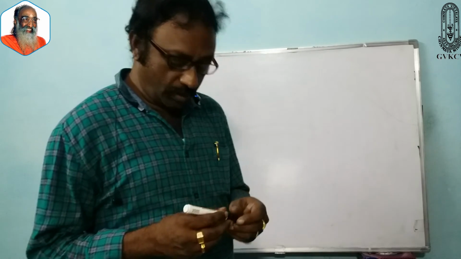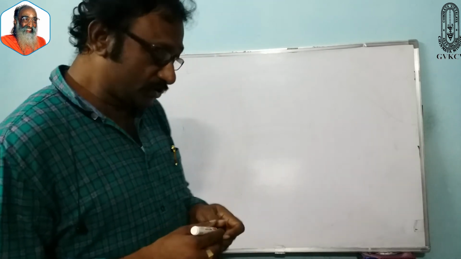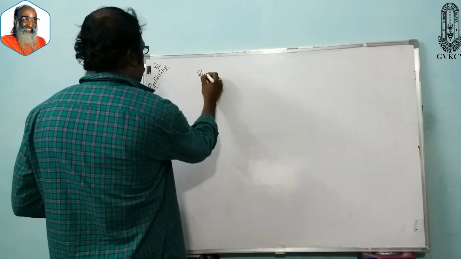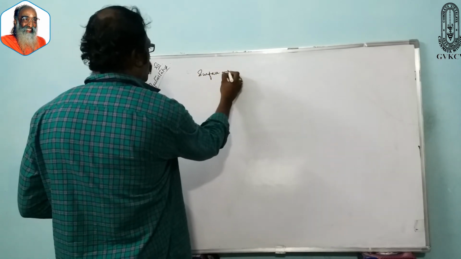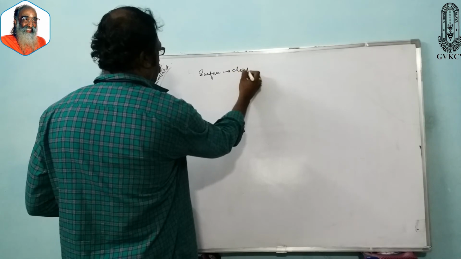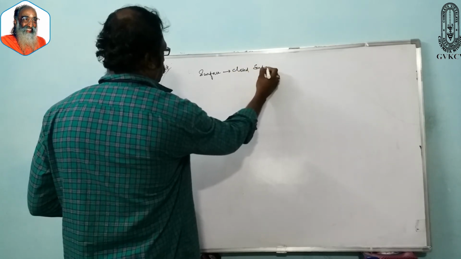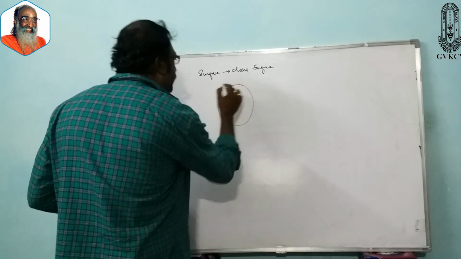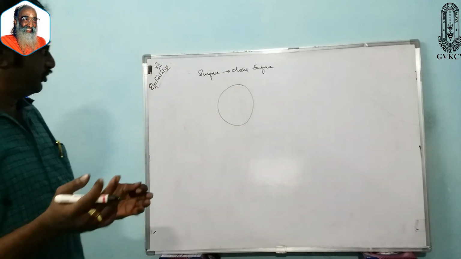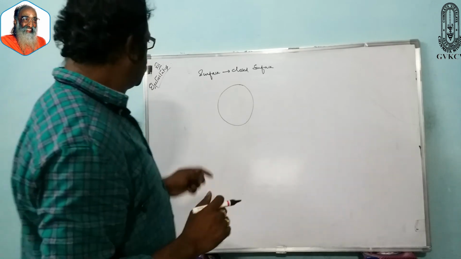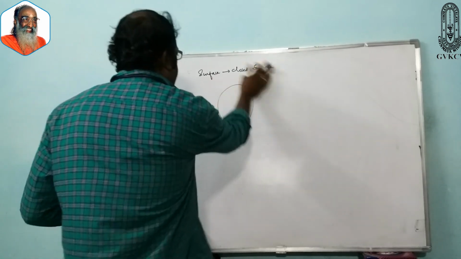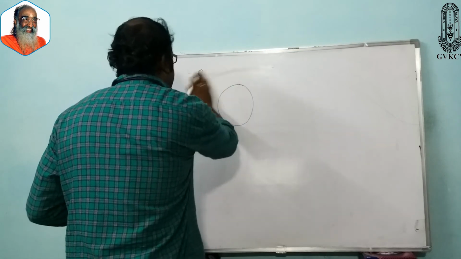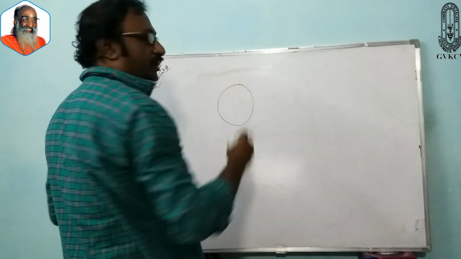Now let us talk about a surface which is a closed surface. If you look at any closed surface like a sphere, we will understand one thing from it. Suppose we consider this as the space, and look at the surface here.